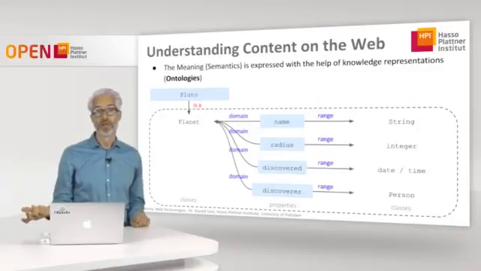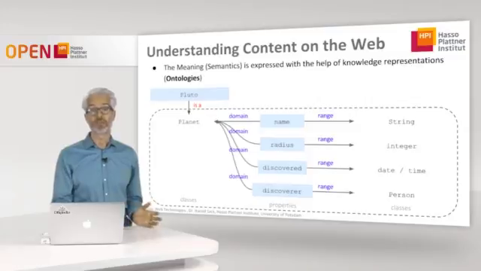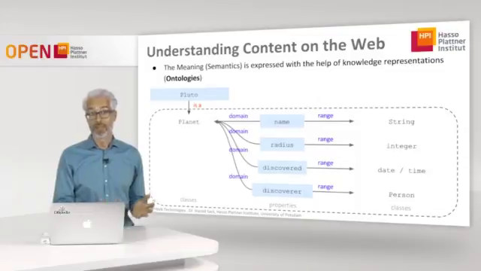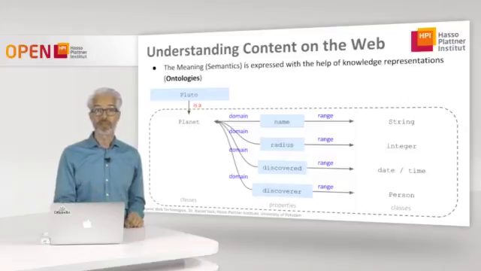Or the planet has a radius, and the radius is usually expressed in the range as an integer number. Or it might have the property discovered, which means the date when this planet was discovered by humans. So the discovery date is given as a date.